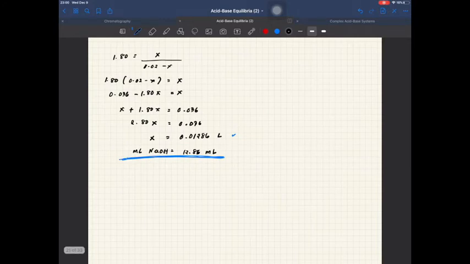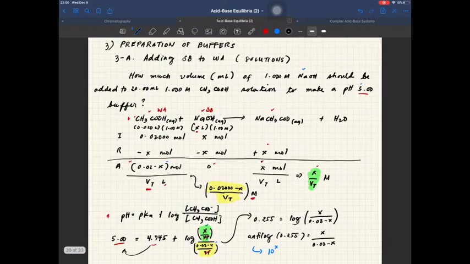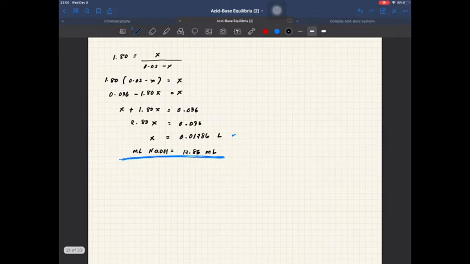So evaluating this expression, we get antilog of 0.255 is equal to 1.8, and that is equal to x over 0.02 minus x. Finally, evaluating this expression, we can calculate the value of x, which is equal to 0.01286 liters.